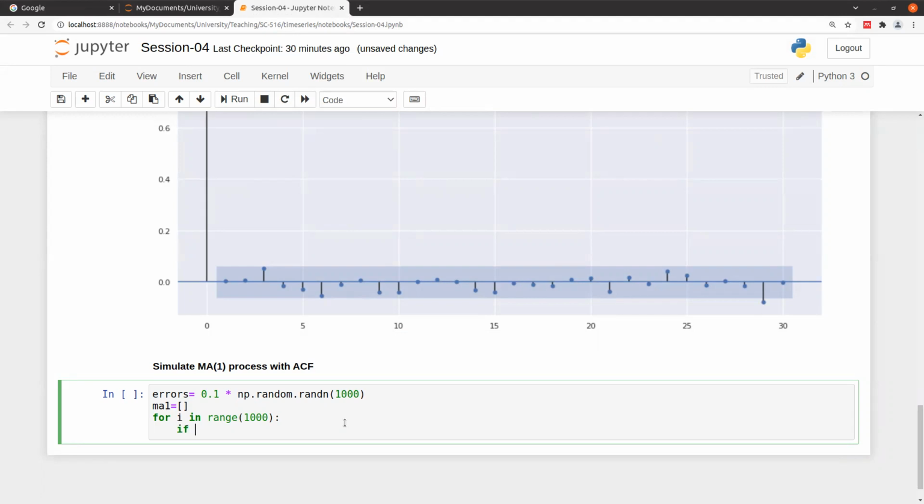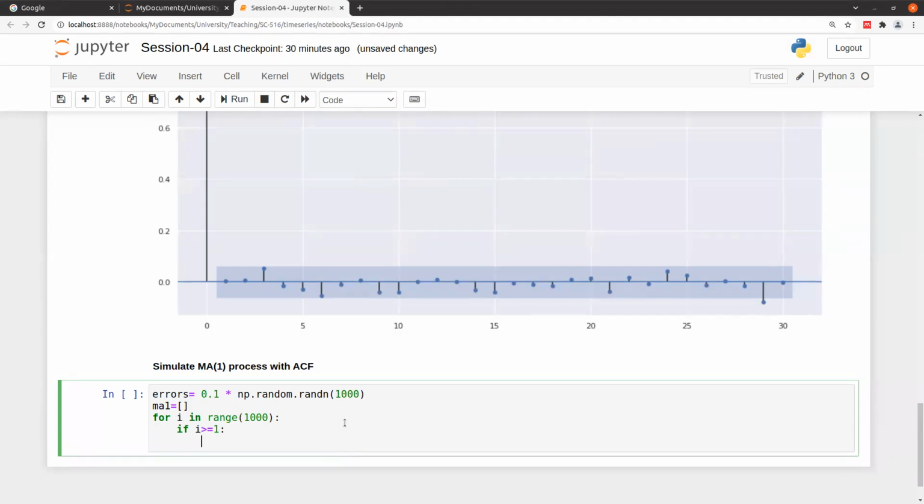Then if i is greater than or equal to 1, what we have to do is calculate the yt value with some coefficient with these errors, and we are considering just the previous.